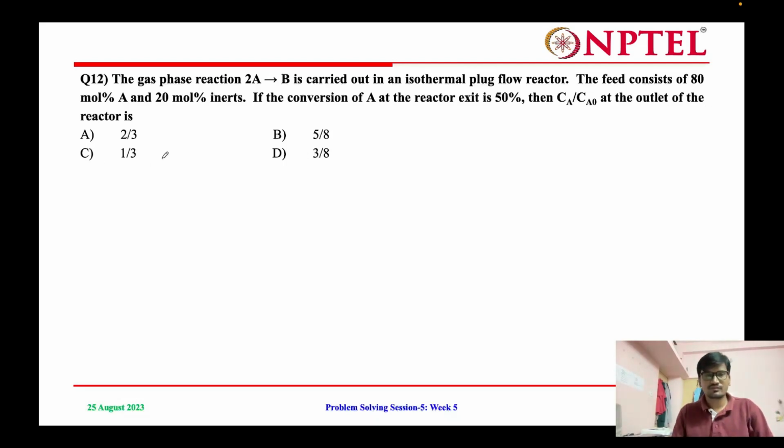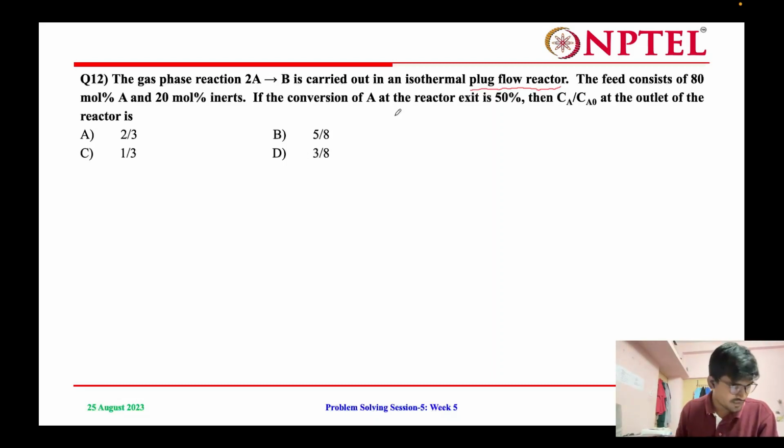Options are given. So here the feed consists of 80 mole percent of A and 20 mole percent of inerts.